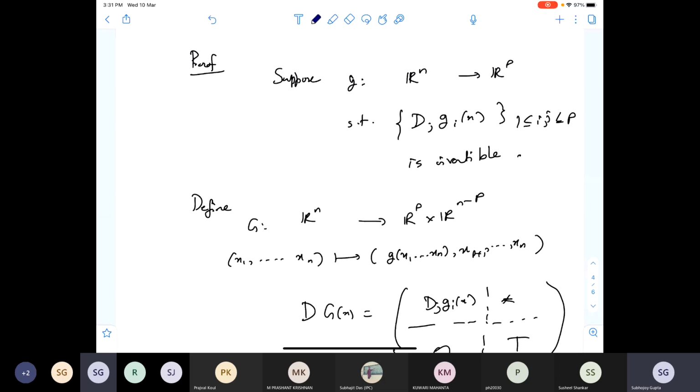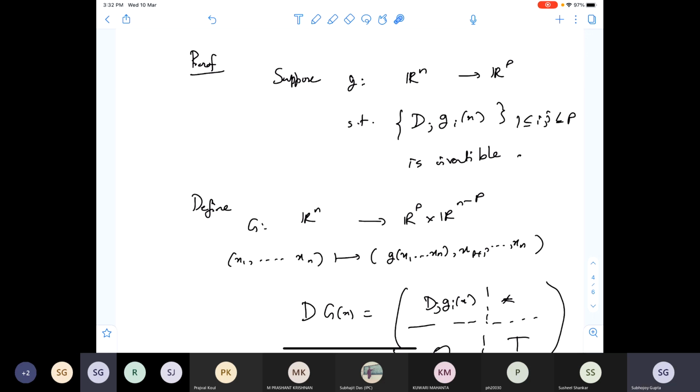So we can assume actually that we are looking at this derivative of g, and we know that it has rank p, right? But we can make sure that it's the first p variables so that it's invertible.